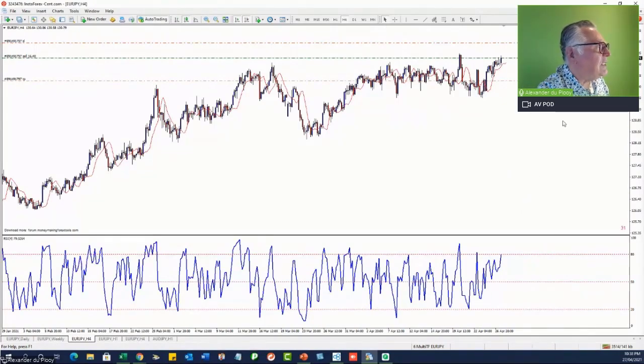Just to remind you, it's more or less a channel trade. It is also a momentum trade. There's a divergence that's happening there, very, very strong divergence. So there's a momentum aspect to this trade. There's also a trend line aspect to the trade, and there is a resistance aspect to the trade.